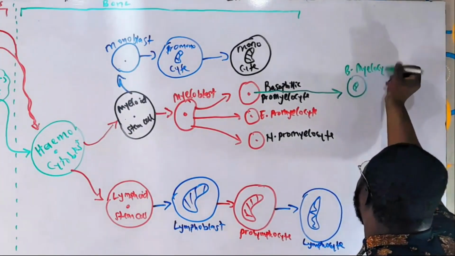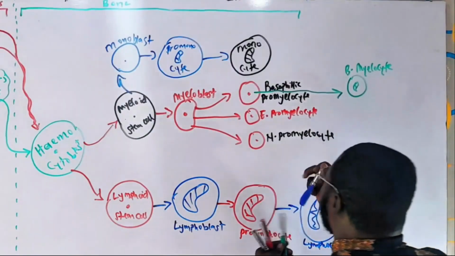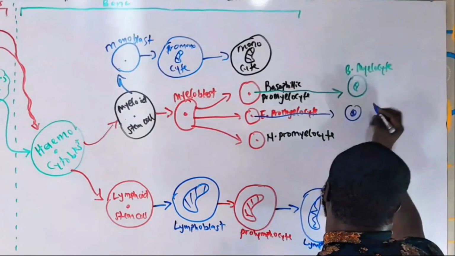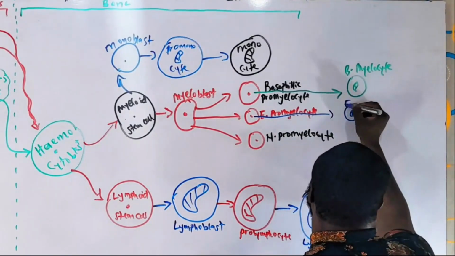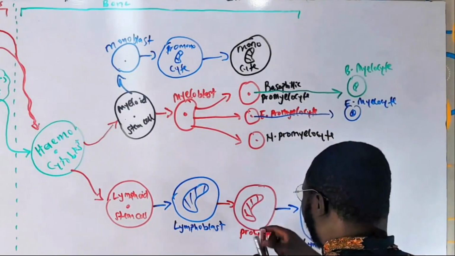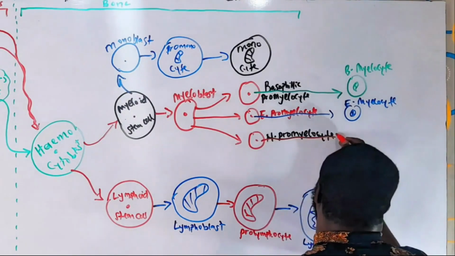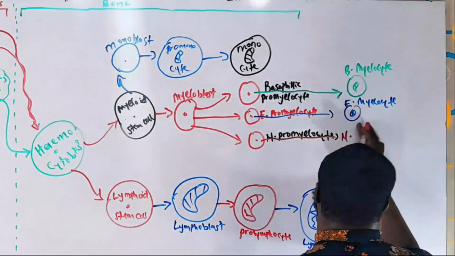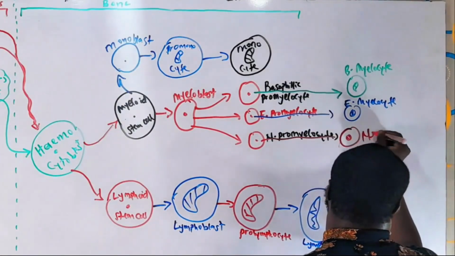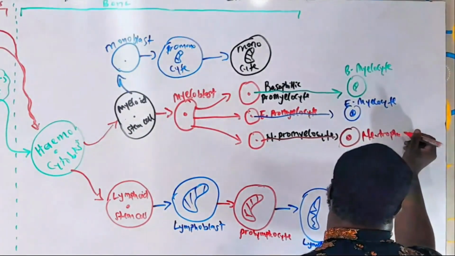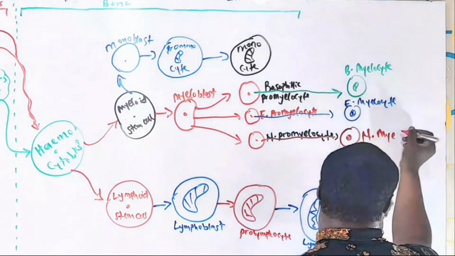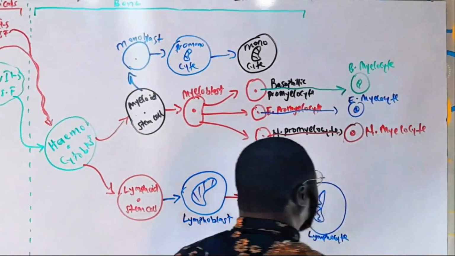And then this one will become eosinophilic myelocyte. And finally, this one is going to become neutrophilic myelocyte. Apologies, I do not have enough space. Myelocyte. As simple as that.